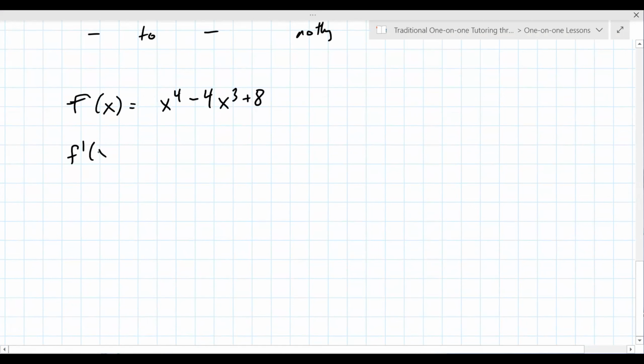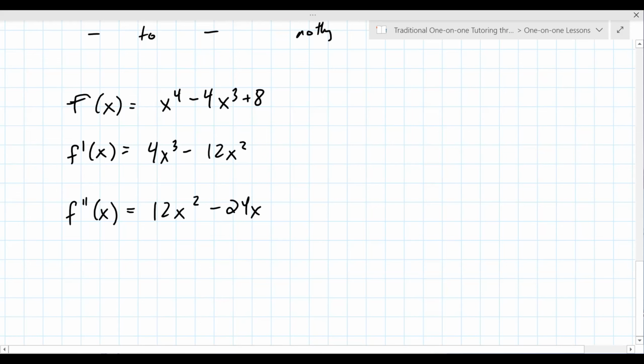So your f prime of x is the first derivative, 4x cubed minus 12x squared. Is that okay? Yeah. And then f double prime of x is just taking the derivative of that, 12x squared minus 24x.